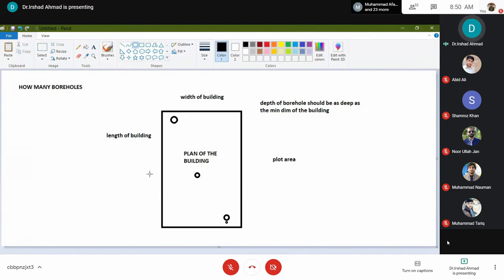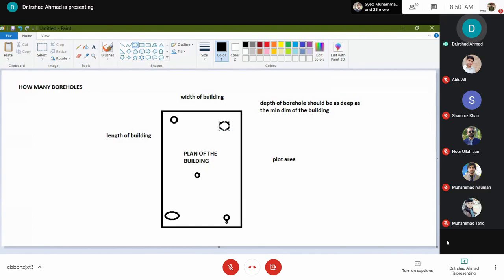These three, if you don't see much variability and you have the same strata, you can go ahead with these three boreholes. But if you see a great variation, you should have a few more boreholes, one at this corner, another at this corner. So this should give you sufficient information about the soil beneath the foundation, beneath the plot.